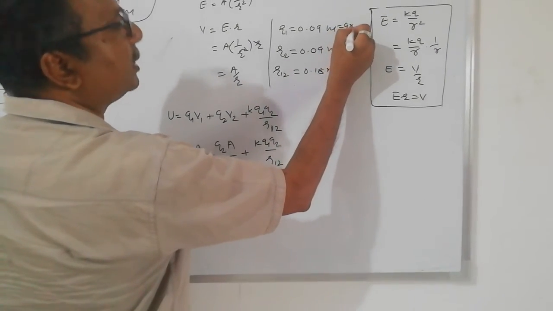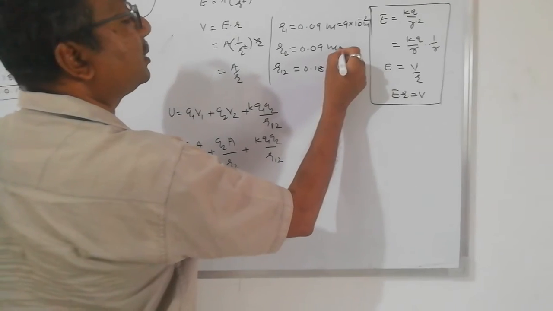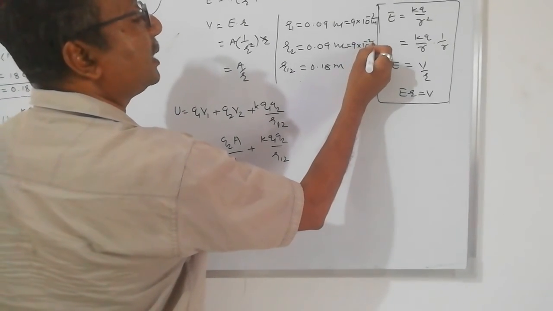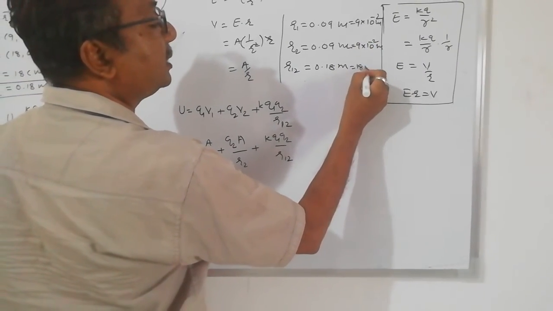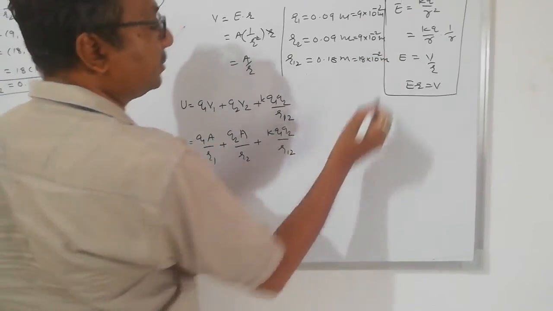R1 is 9 into 10 raised to minus 2 meter, R2 is 9 into 10 raised to minus 2 meter, and R12 is 18 into 10 raised to minus 2 meter.